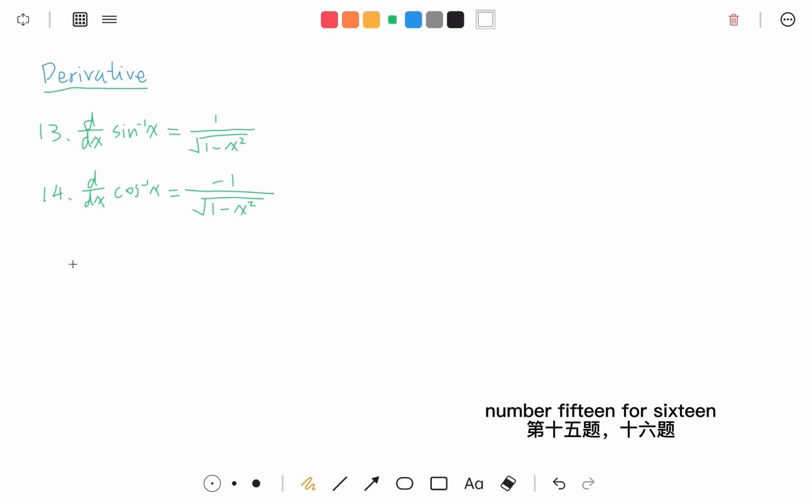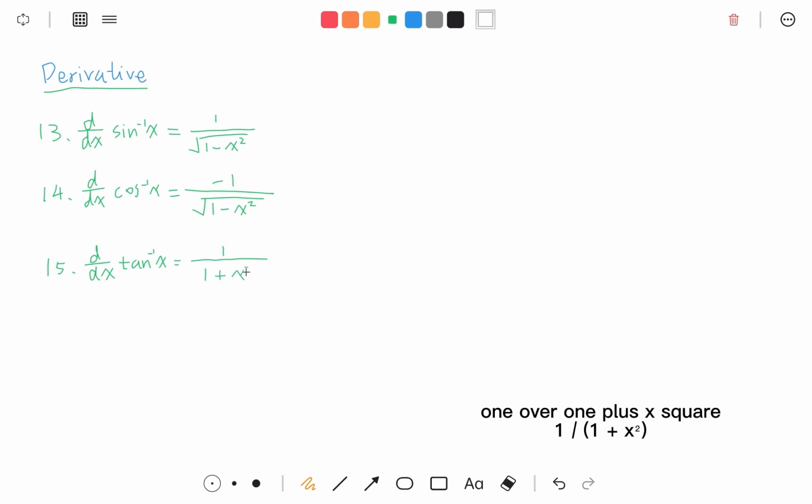Number 15 and 16, the inverse functions of tangent and cotangent. d/dx arctan x equals 1 over 1 plus x squared.